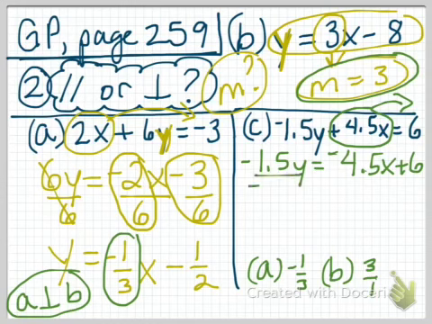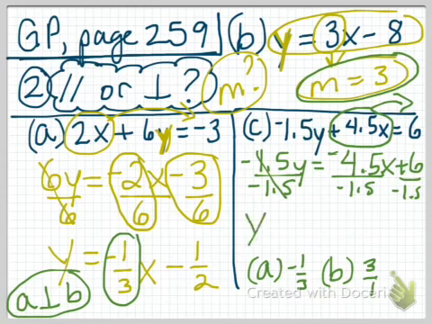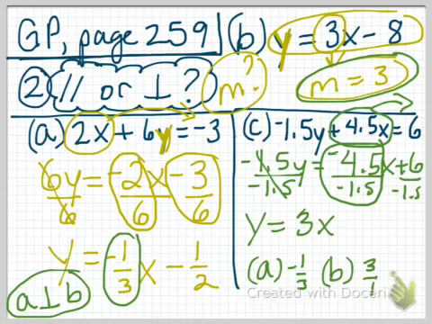Now we need to go through and divide by negative 1.5. That cancels here, leaves me y equals, and negative 4.5 divided by negative 1.5 is positive 3. And then plus 6 divided by negative 1.5 would be minus 4.